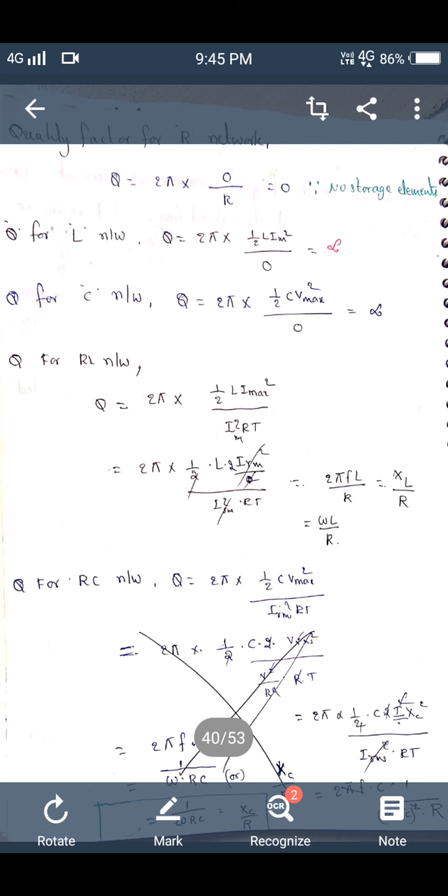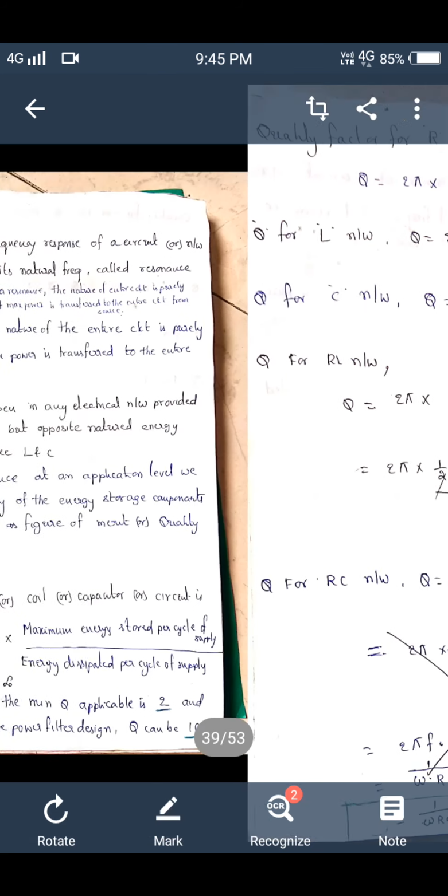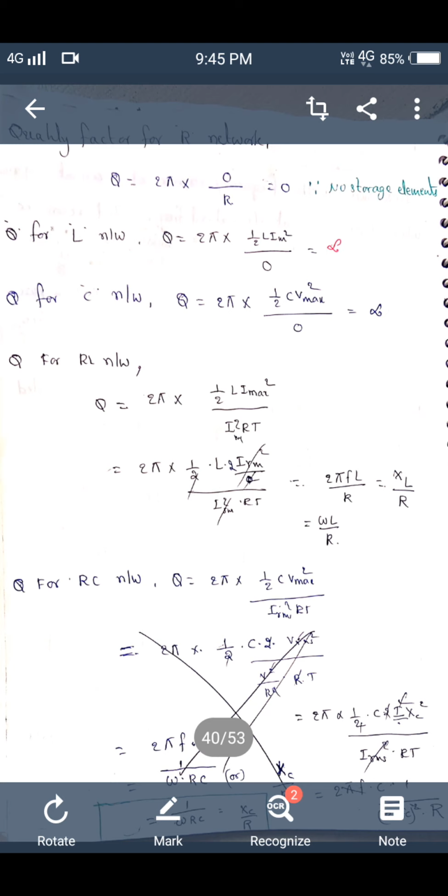Next, quality factor for an RL network. If it is an RL network, then quality factor is equal to 2 pi into, there is one resistor and one inductor, so energy stored because of inductor is half L I maximum square divided by I square R T. Power dissipation is because of RMS values, heat dissipation, so I RMS square into R into T. So in the numerator the maximum value I have to convert into RMS value by using the formula RMS value is equal to I maximum by root 2, so square means 2.